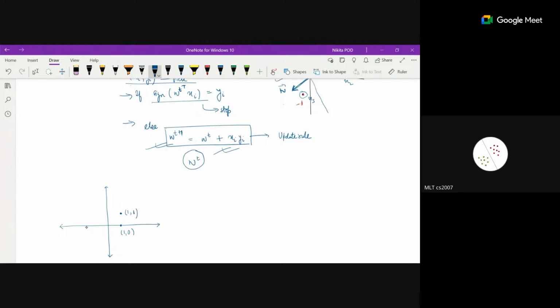I can have a point here, let's say (-2, 0). Let's label this as -1. Let's label this as +1. And let's label this as +1 again. Okay.